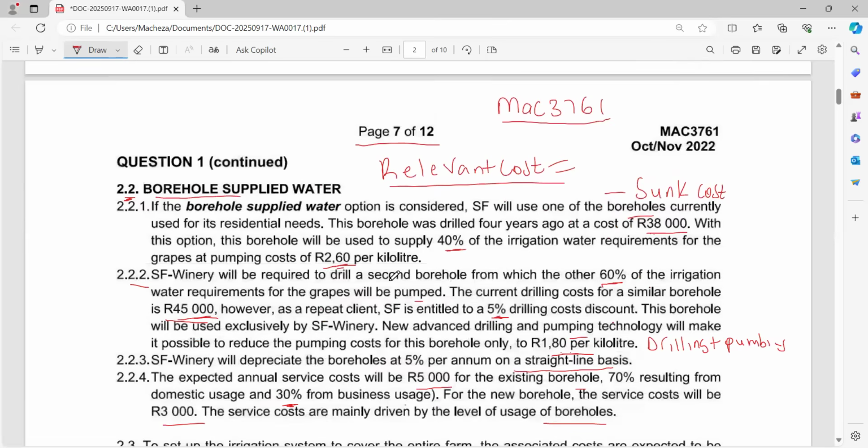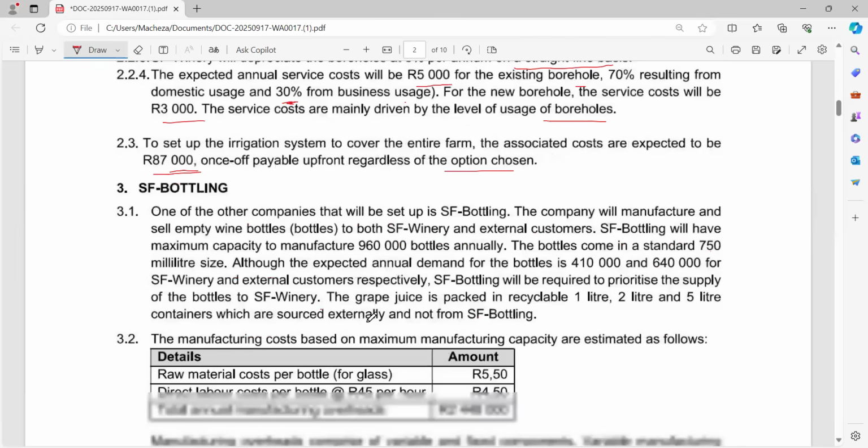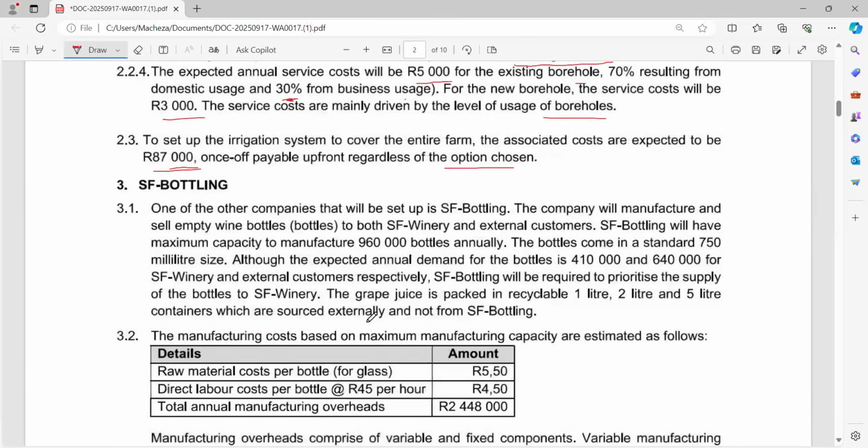So don't stress yourself with the length of the question paper. Read, the answer is in those parts.